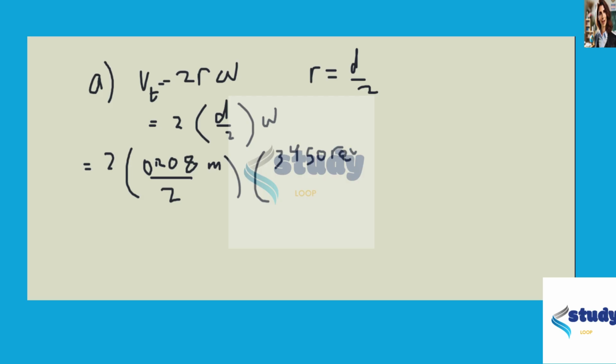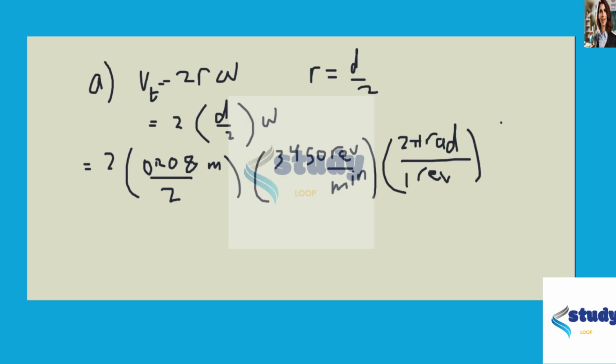In order to convert from revolution per minute, which we have for the angular velocity, to meters per second, which is the units of the linear speed, we have to multiply by 2 pi radians divided by 1 revolution, and multiply this by 1 minute divided by 60 seconds.